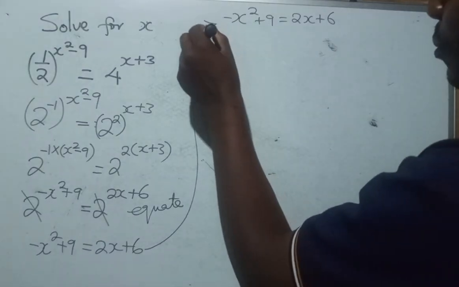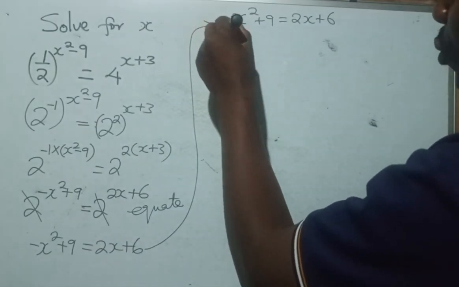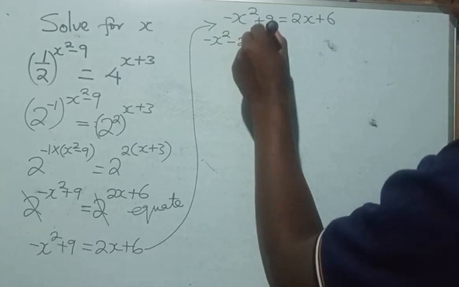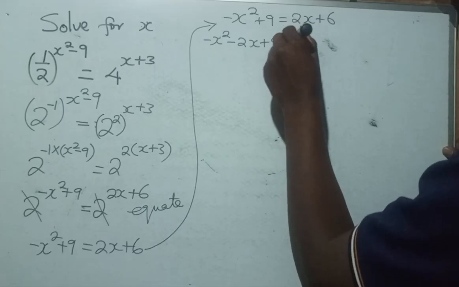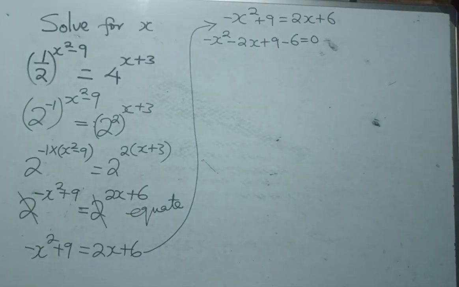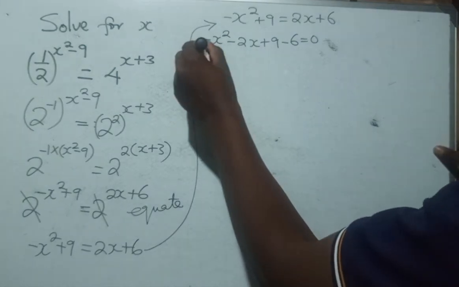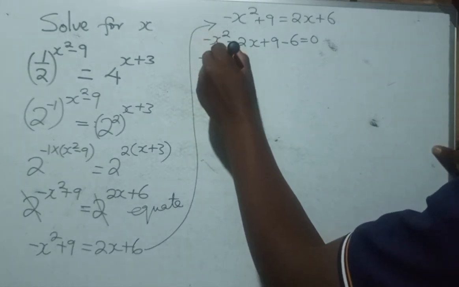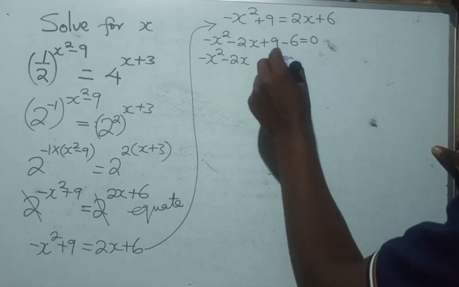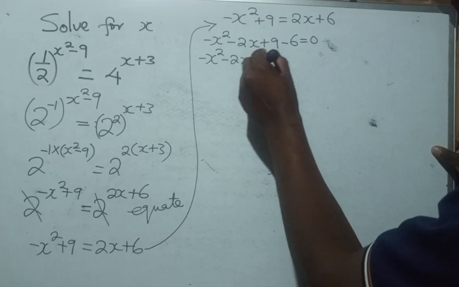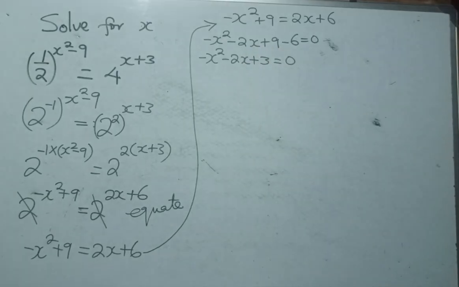So we shall have −x², then −2x, then 9 − 6, equal to 0. Now, do we have like terms together? Yes, 9 and 6. So the next step is to deal with the like terms. So we shall have −2x, then positive 9 − 6, which is 3. So 3 is equal to 0.